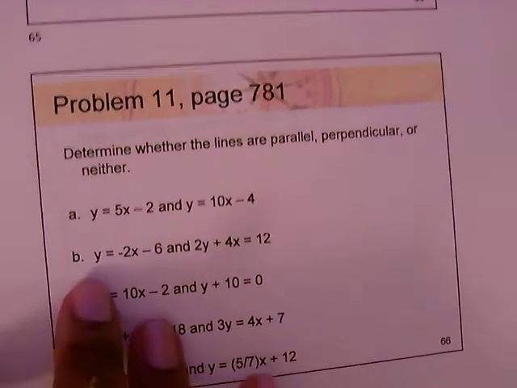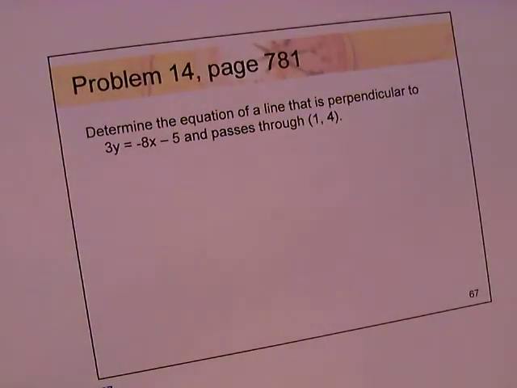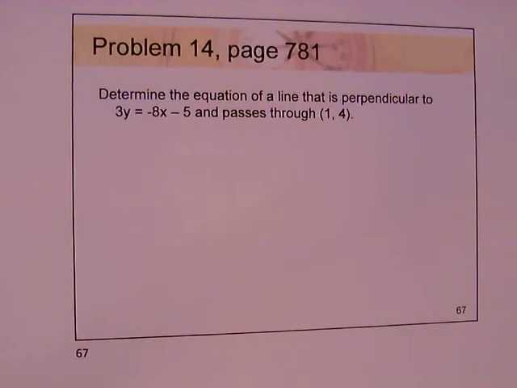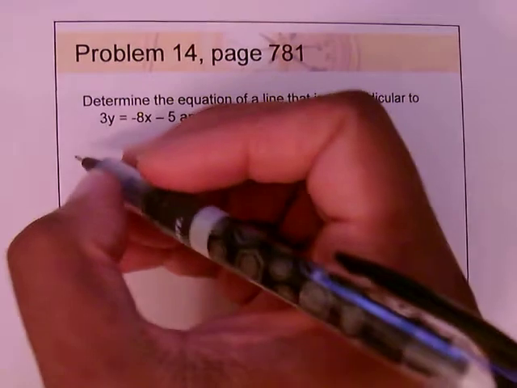Okay, so let's take a look at this example of writing an equation of a line. Here we're going to determine the equation of a line that is perpendicular to the equation 3y equals -8x minus 5 and passes through the point (1, 4).